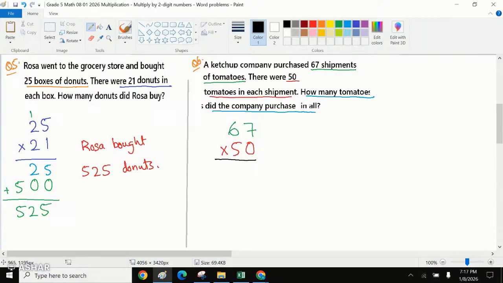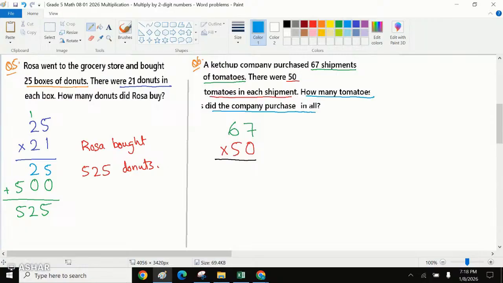How many tomatoes will we have? We will have 50, right? If we buy two, that means 50 multiplied by 2. But the ketchup company was buying 67 boxes or 67 shipments. If one shipment had 50, that means 67 shipments will have, we multiply 67 by 50. Okay? Agreed, Rebecca?